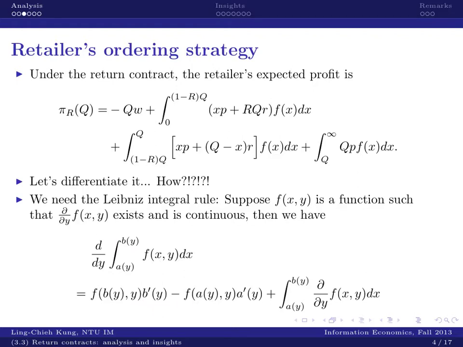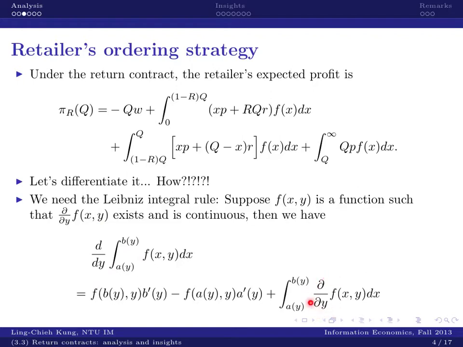And then you do the same thing to the lower bound. You plug the lower bound into the function here, but now the coefficient would be negative. And then again, you need to differentiate the lower bound and put it here. And then finally, you take this part into the integral.